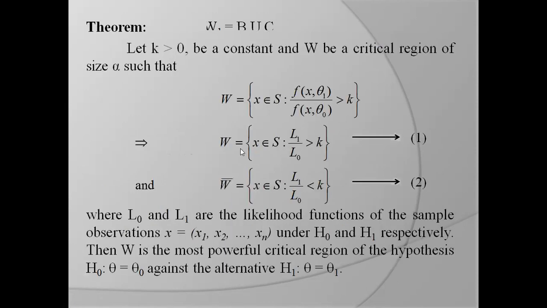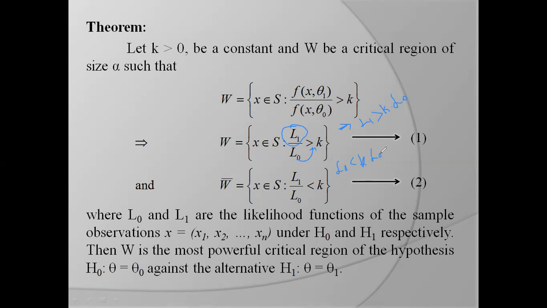This is equation 1. W is equal to the set of x belonging to S where L1 by L naught is greater than K. So L1 is greater than K into L naught, as L naught comes to this side as multiplication. Likewise, for W1, I can write L1 which is less than K into L naught.